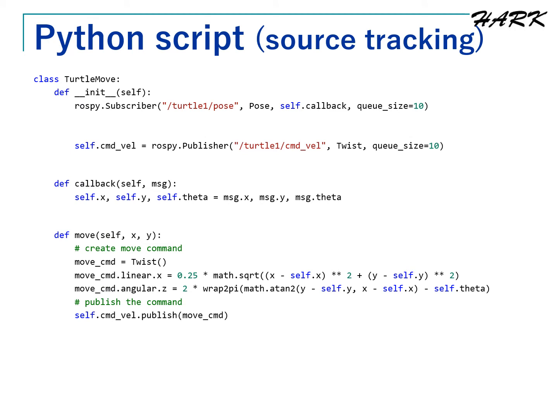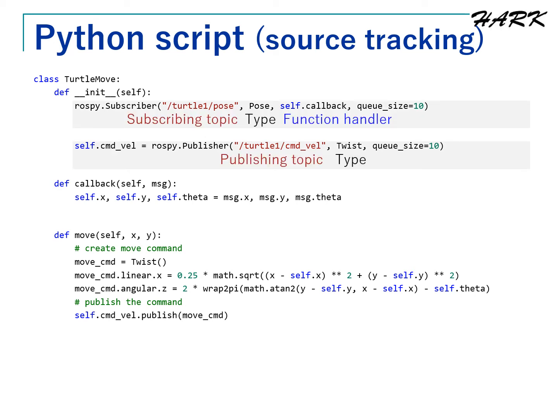The Python script on this page implements a function to move the second turtle that tracks the first sound source turtle. The first block is a constructor of the object that implements the function. rospy.Subscriber is a method for registering a function, self.callback, to be executed every time a specific topic is received in the ROS node.